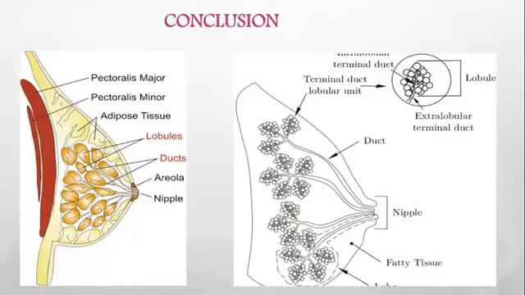In conclusion, we talked about the breast anatomy, gross anatomy, resting over the pectoralis, relation to the adjacent structures and muscles, and the breast invested within the superficial layer of superficial fascia covered by the skin. We talked about the nipple areolar complex, the ducts going back, forming the glands or lobules. You see, these are the ducts here, and these are the lobules, and the lobules also contain ducts.